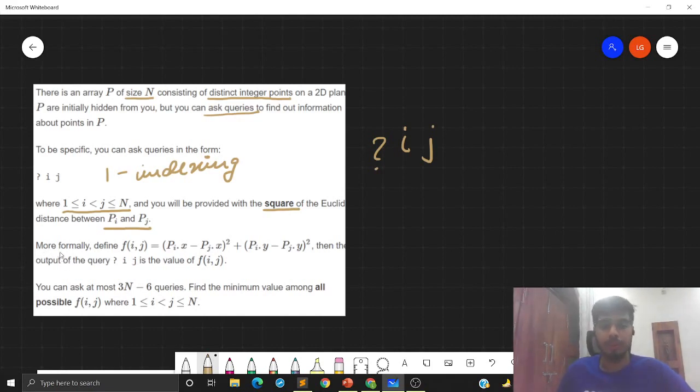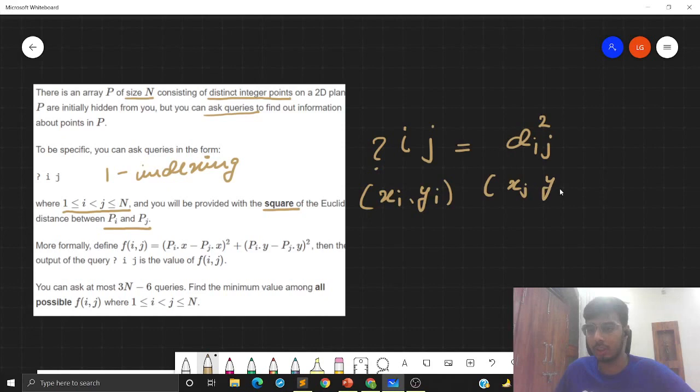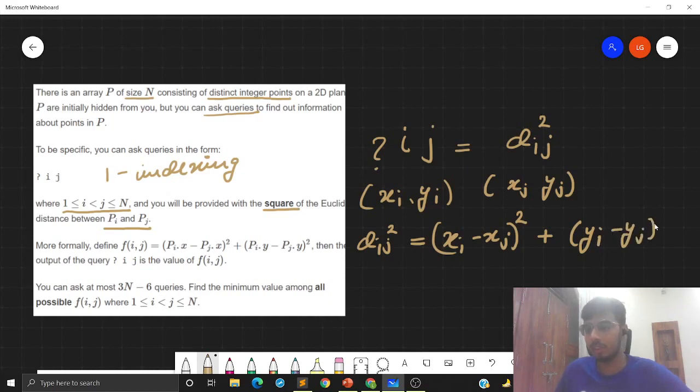Now what we will get in return is the square of the distance between points i and j. Suppose the ith point is (xi, yi) and the jth point is (xj, yj). The return value for the query will be (xi minus xj) raised to the power 2 plus (yi minus yj) raised to the power 2.